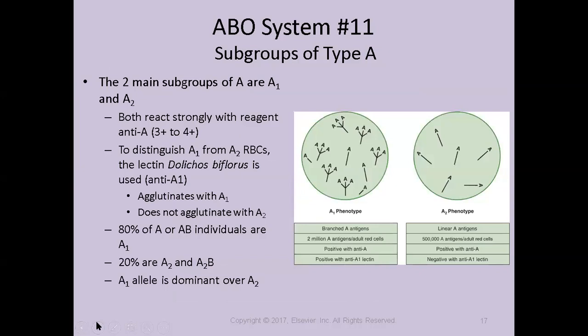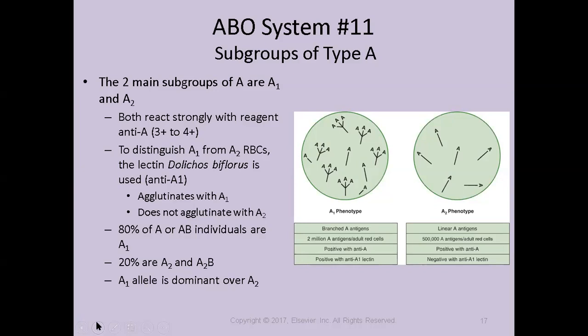Okay, so we're going to move away from big H. Hopefully that makes sense. And we're going to talk about subgroups of type A. When an individual is group A or type A, the two main groups that we see are A1 and A2. Somebody could be A1 red cells or somebody could be A2 red cells.